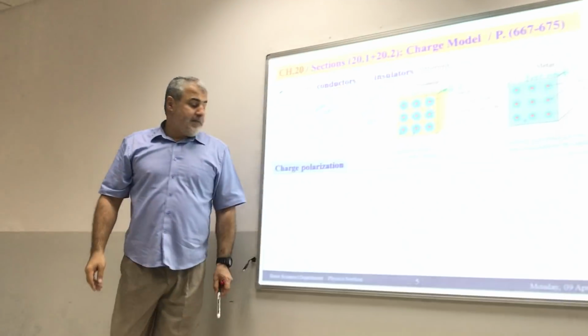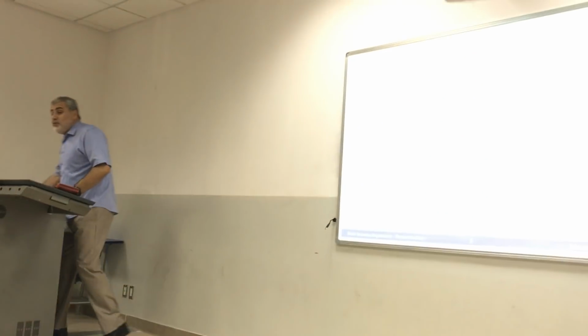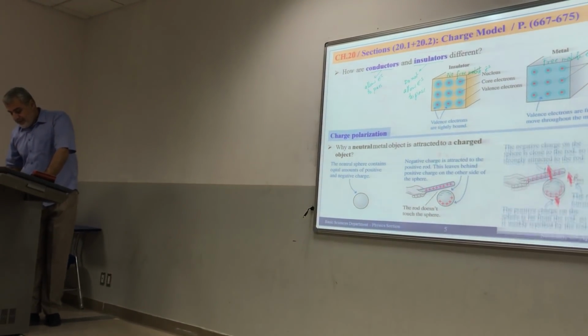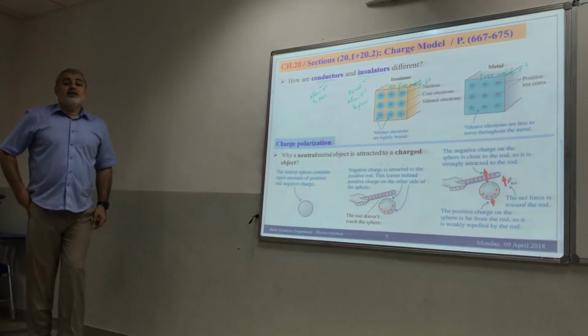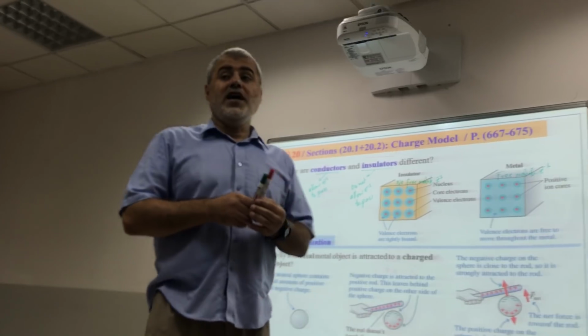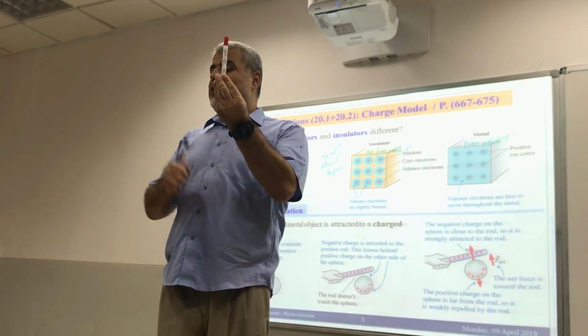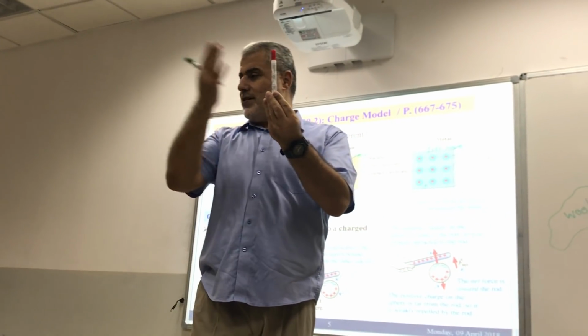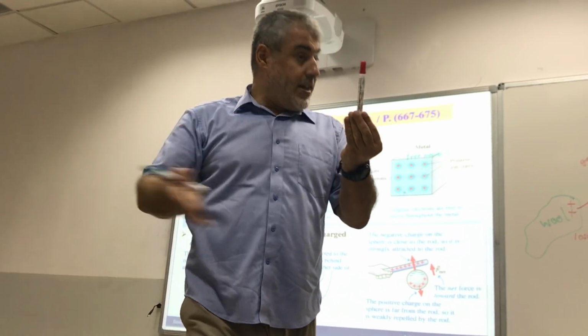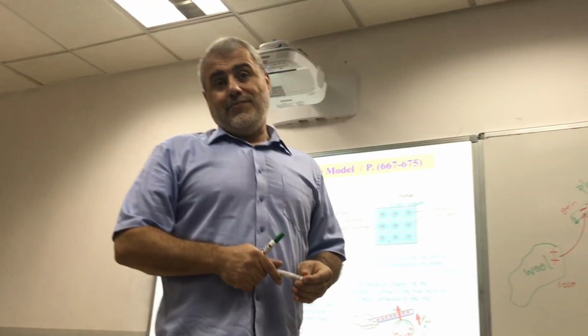Okay? Fine. Now let's go to the polarization. See, in polarization, we know that if we consider we have a neutral object, all the positive charges mix with the negative charges so that the total net charge is zero.